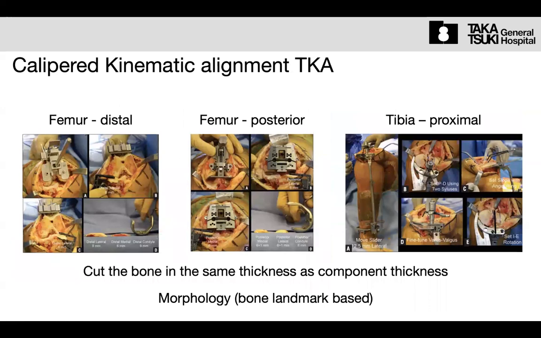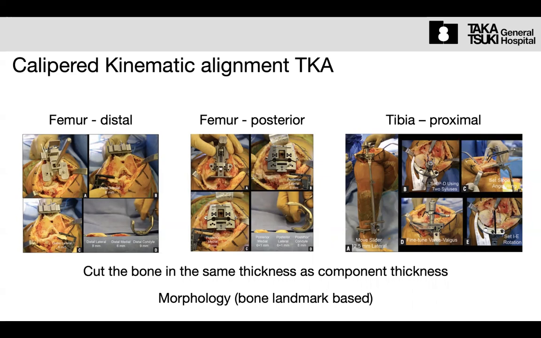Anyway, this is the caliper technique. I explained many times how to do the caliper kinematic alignment: just cut the same thickness as the component thickness, both on the femur side and the tibia side. But unfortunately, in Japan, so many surgeons misunderstand.